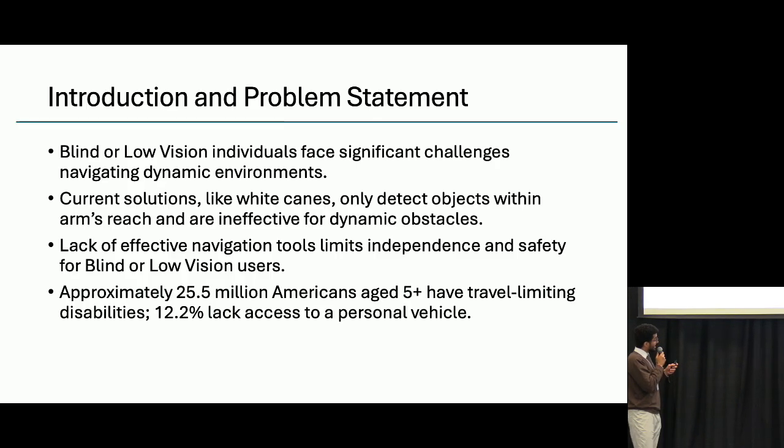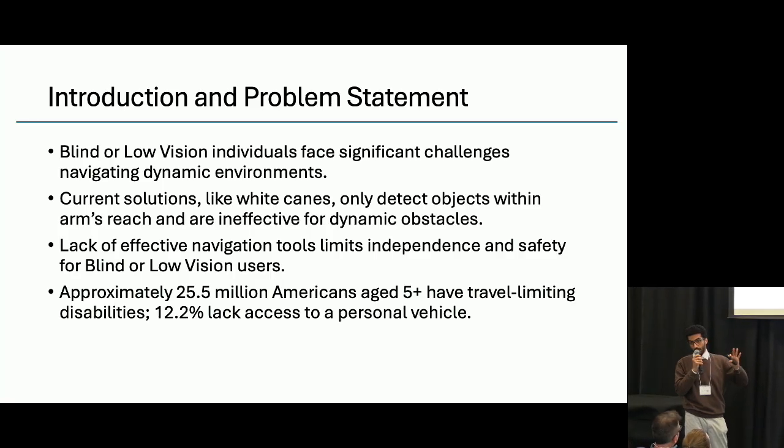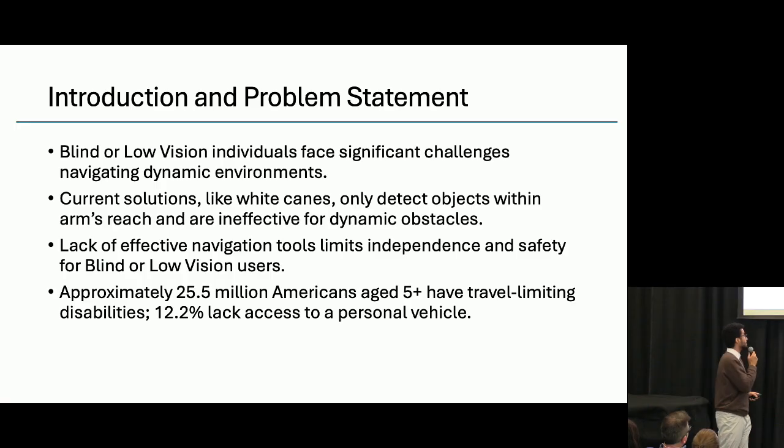Let's go into one statistic. I don't want to take so long on this, because we're going to have a lot of Q&A. Americans have about 25.5 million people older than the age of 5 who have transportation issues.